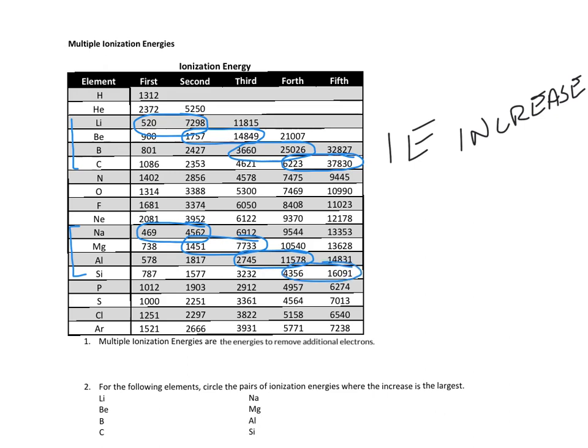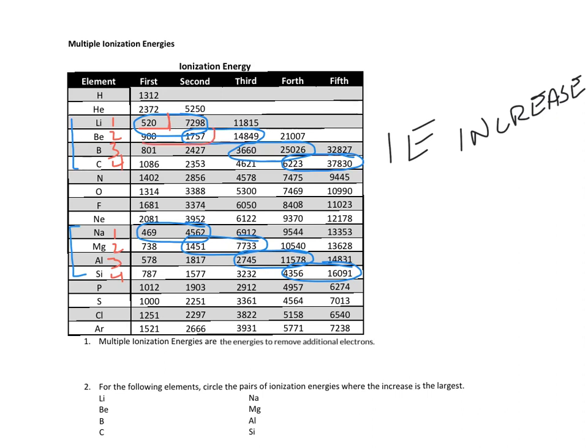So there's a reason for this, and it relates to their valence electrons. Lithium has 1, beryllium has 2, boron has 3, carbon has 4, and the same thing here. This large increase happens after you're out of valence electrons. So this one was valence, big increase.